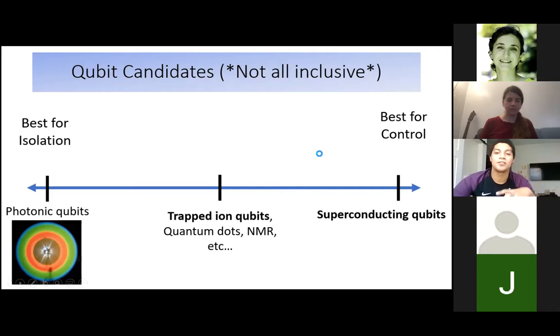And then for everything else, I know Sarah gave a really great talk last week on trapped ions, and you have NMR, quantum dots; everything else falls in the middle, with their own trade-offs between isolation and being able to interact. For example, trapped ions are isolated, in an ultra-high vacuum chamber, but they can interact with each other. They have the Coulombic interaction.